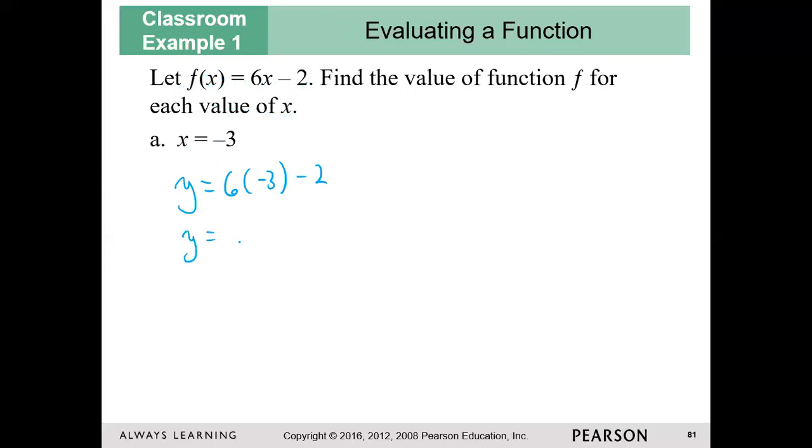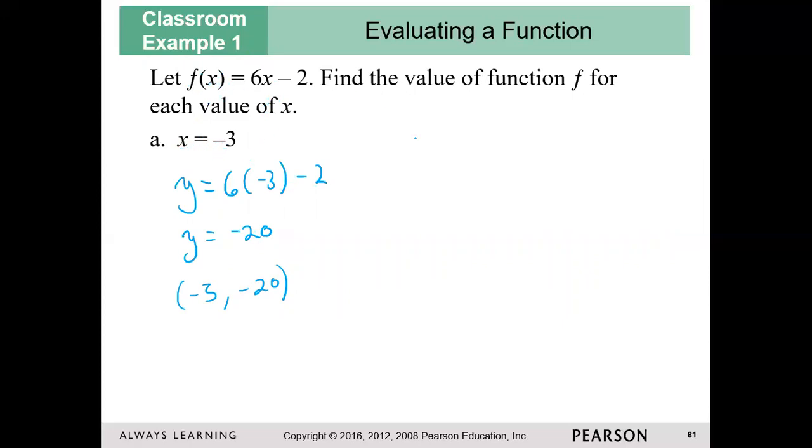So y is equal to negative 20. Negative 18 minus 2 is negative 20. So this says that when x is negative 3, the one and only y value is going to be negative 20. Okay? The way that you normally see this written, we don't write it as x equals negative 3.